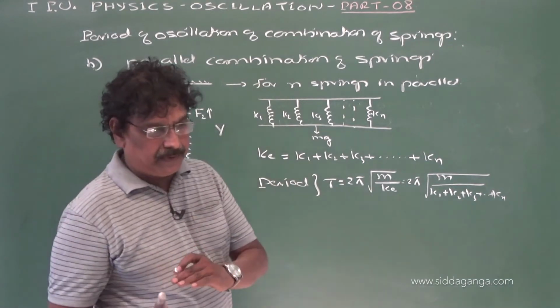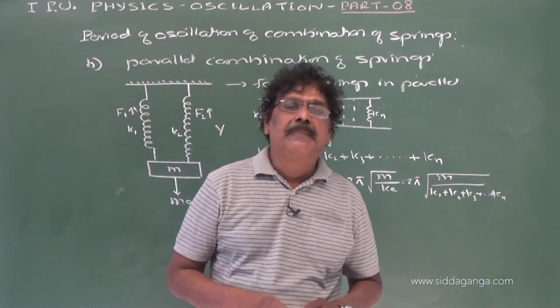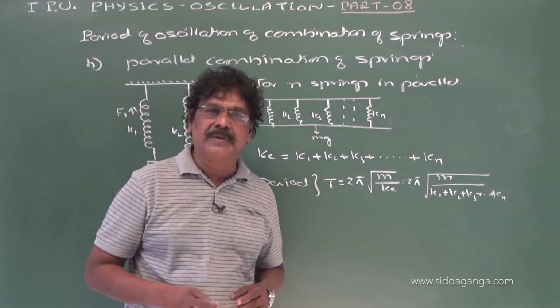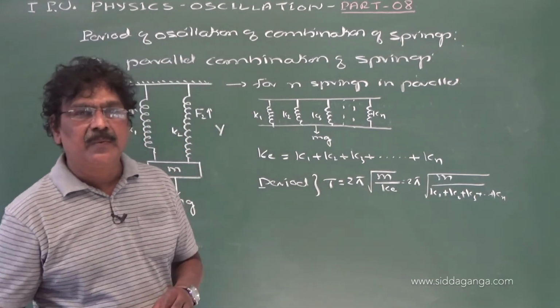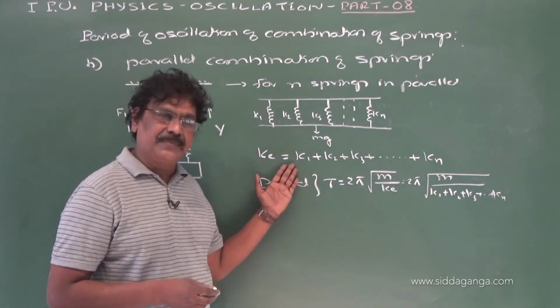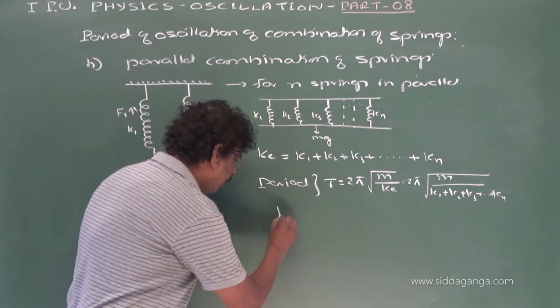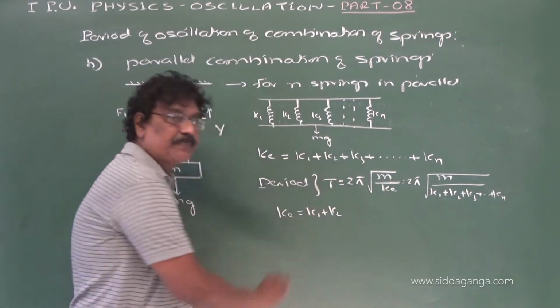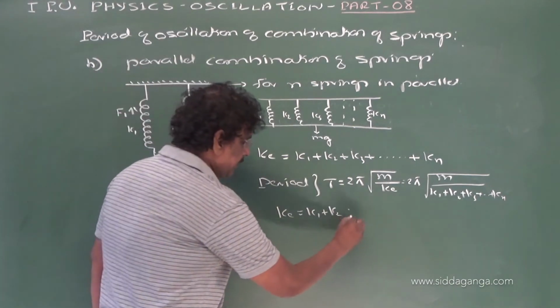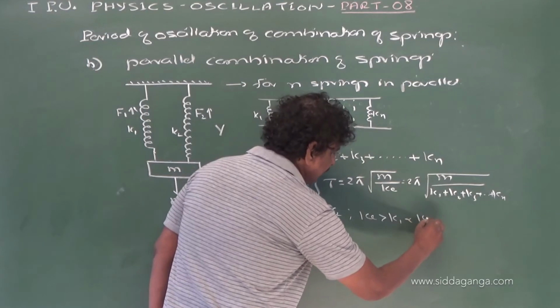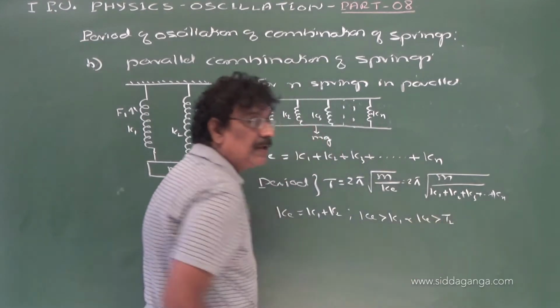Now let us compare the periods for the parallel combination. Obviously we see that when we take two springs, Ke is equal to K1 plus K2. This Ke is greater than K1 and Ke is greater than K2.